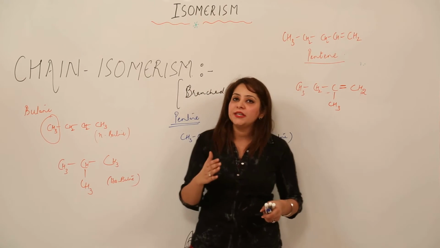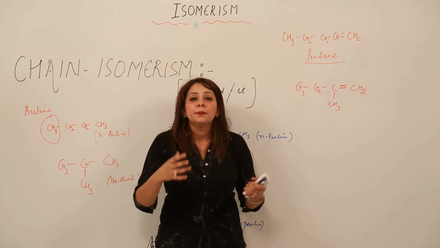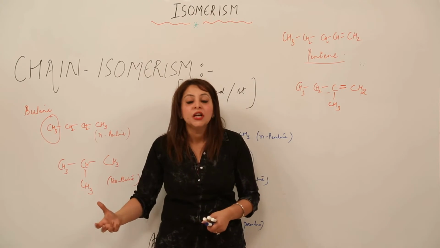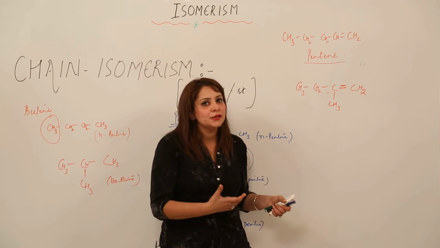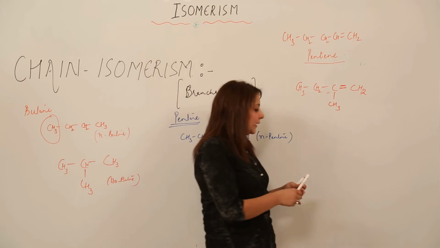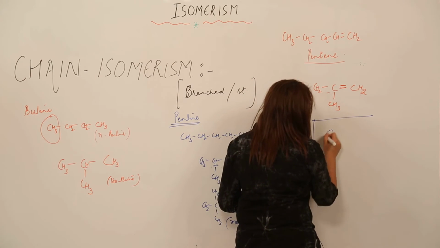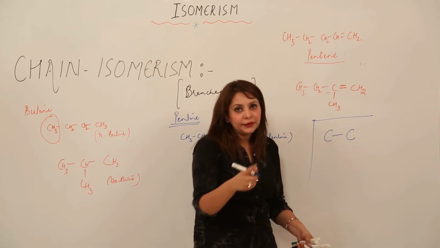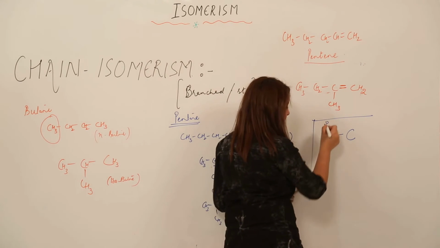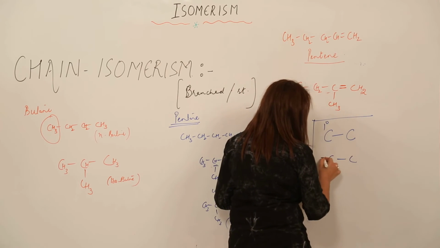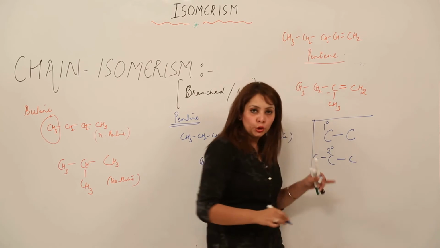And moreover, we did in organic chemistry that we have primary carbons, secondary carbons, tertiary carbons, and quaternary carbons. I think you remember, but still I will just review it. Just look at the board. If one carbon atom is directly attached to one other carbon atom, it is said to be 1 degree. If one carbon atom is attached directly to 2 carbon atoms, it is said to be 2 degree.